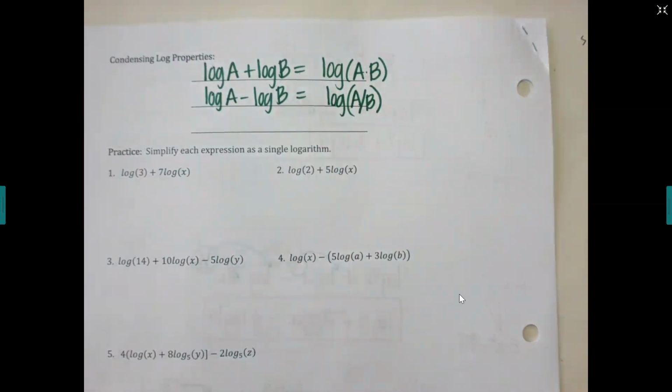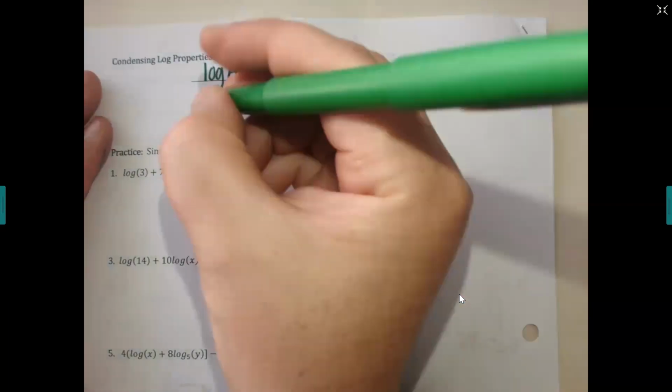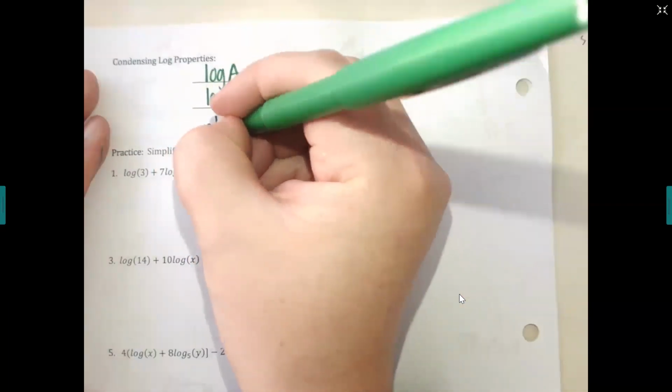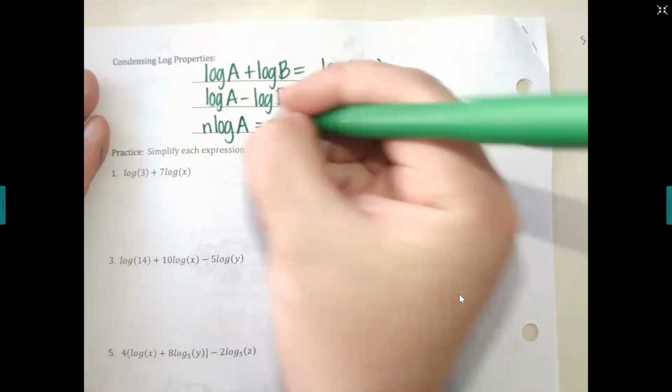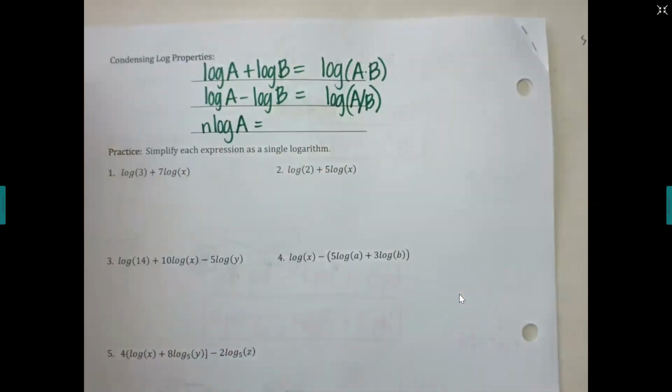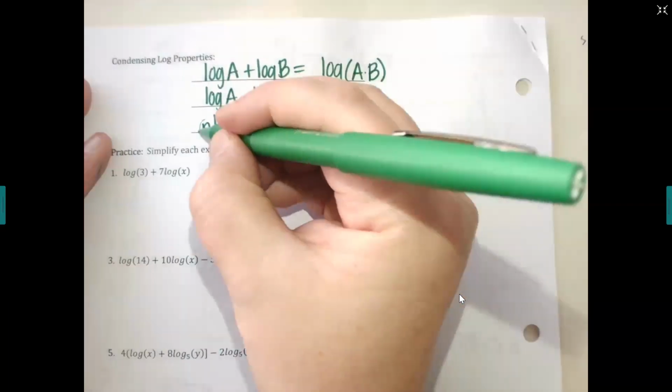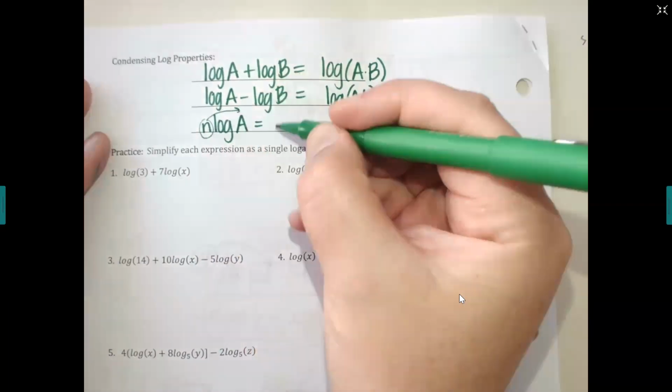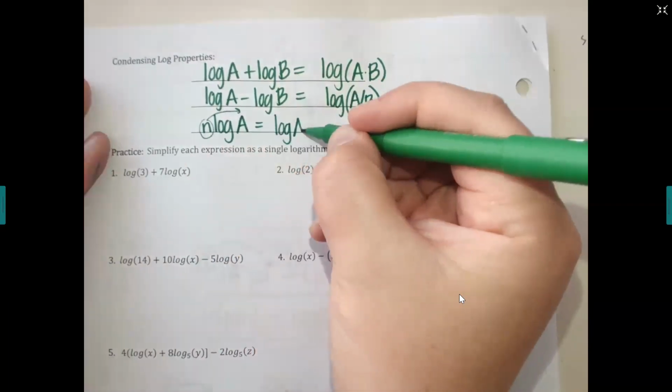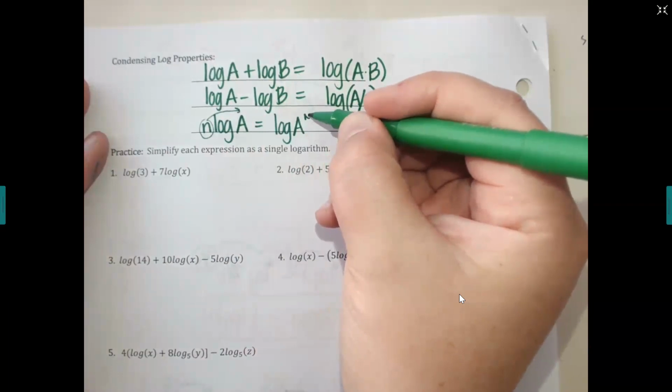Okay, and then your last rule, if you have a number in the front of a log, just like that number can float down to the front, now we're gonna float it up from the front. So this n here is gonna end up going up here to be log A to the n.